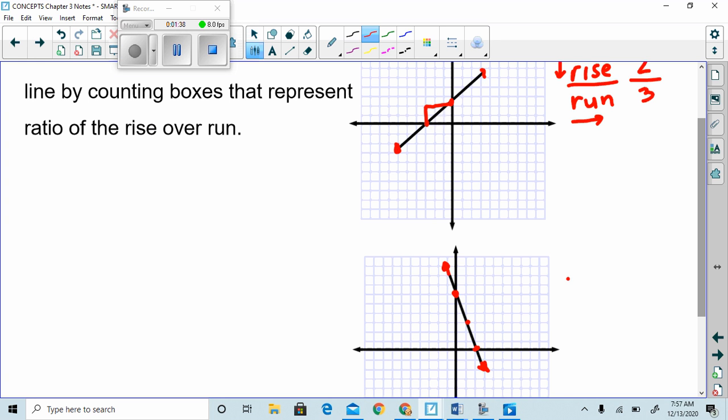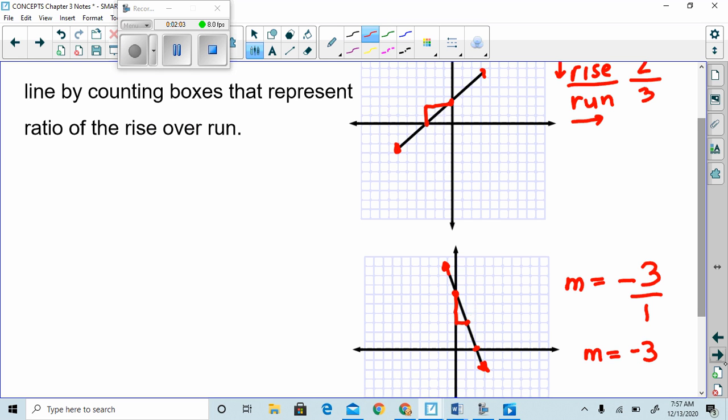This one's going downhill. It's falling from left to right, so I know it's a negative slope. I'm going to count those boxes for the rise. 1, 2, 3, and it goes over 1. It's a negative 3 over 1, which means my slope is negative 3. That's one way to identify the slope if you're provided with a graph.